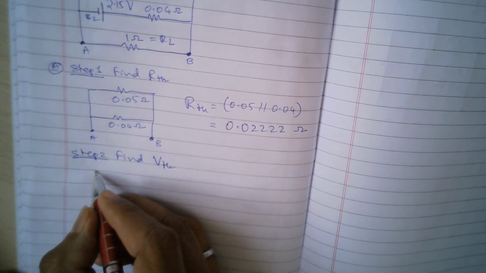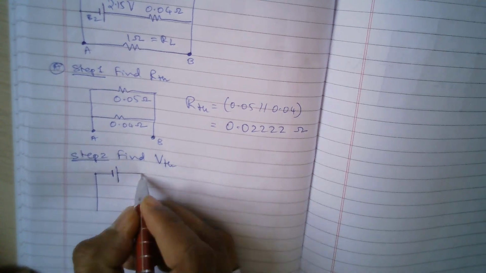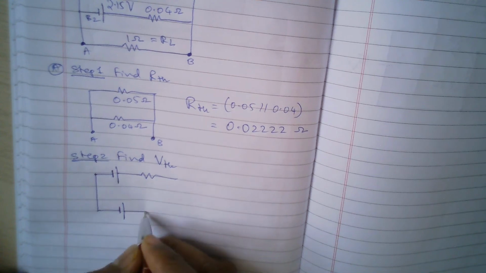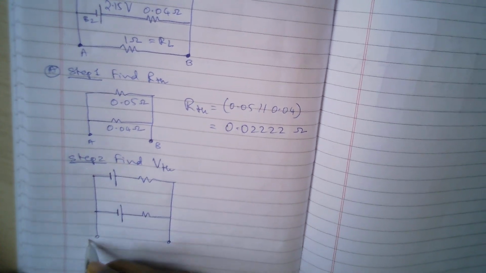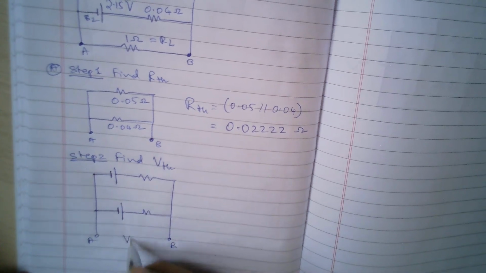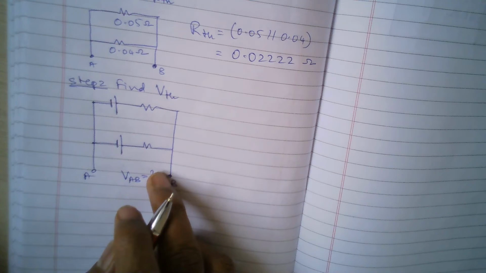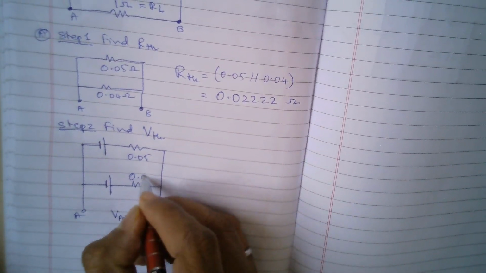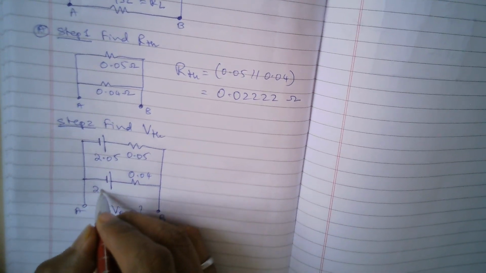If I introduce the voltage sources, I'll get something like this. What is VAB is the question we are asking. So 0.05, 0.04, this is 2.05 and this is 2.15.